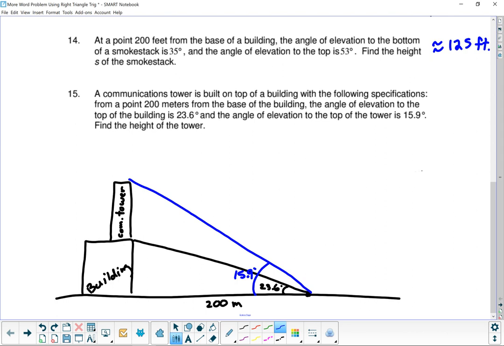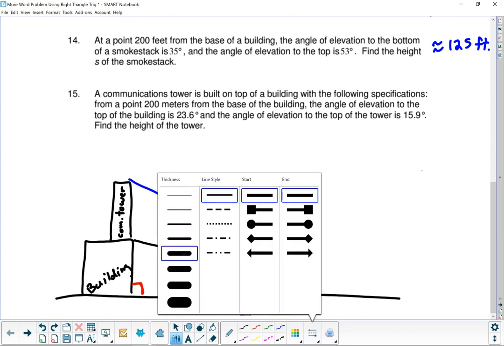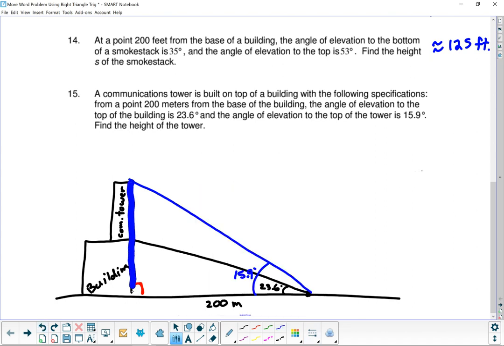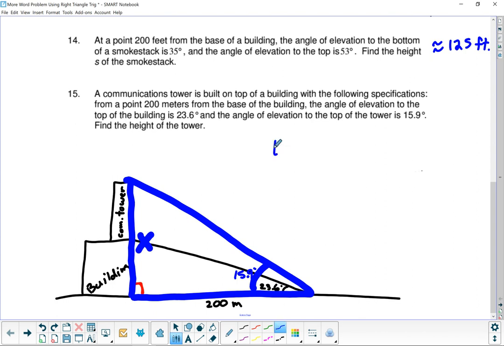This is exactly the same thing, right? We have a 90 degree angle here. First we have to find out the whole thing, so let's do this big one, using blue. This is the height of the building and the communications tower, and it utilizes this 15.9 degrees. Let's call it X. So tangent 15.9 degrees equals X, the opposite, over the adjacent, which is 200.